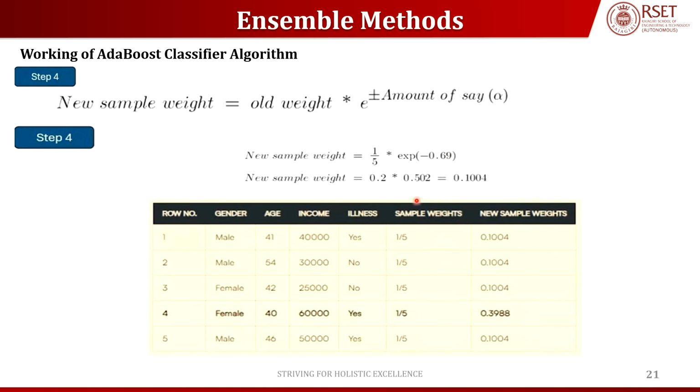For the data points that were incorrectly predicted, we use a positive alpha, which makes their new weight larger. So in our example, the data point on row 4 was misclassified. Its weight has been increased from 0.2 to 0.3988, while the others have been decreased.